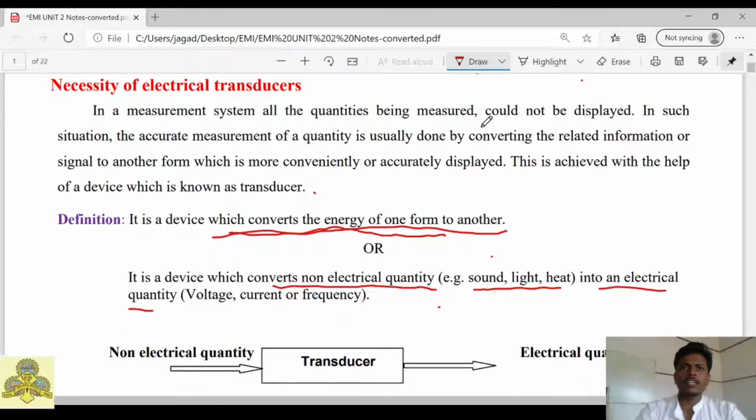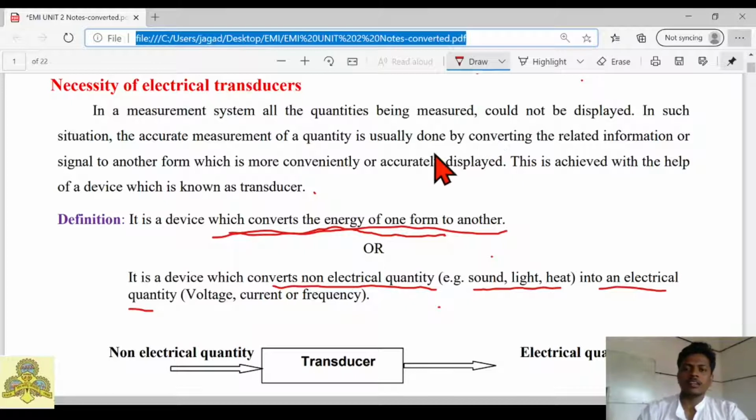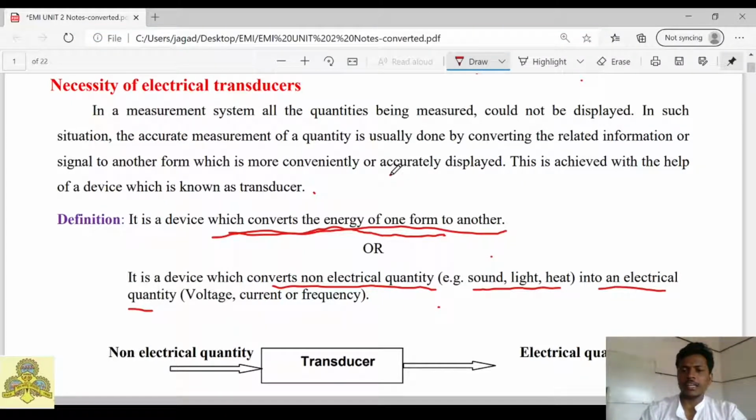If we convert any physical quantity into an electrical quantity, there are a lot of advantages, because we can process it, store it, display it, and vary it into different levels. That is the very advantage of an electrical transducer.